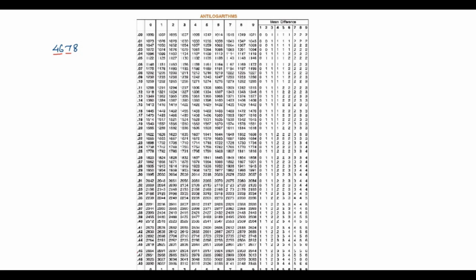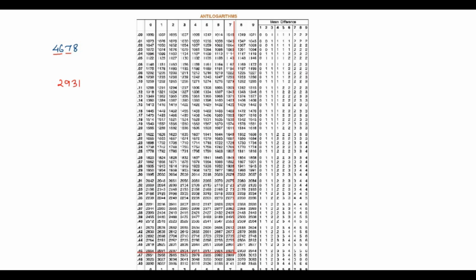First let me go to the 46th row and 7th column. The 46th row is here and the 7th column is here. In the 46th row, 7th column we have the value 2931.